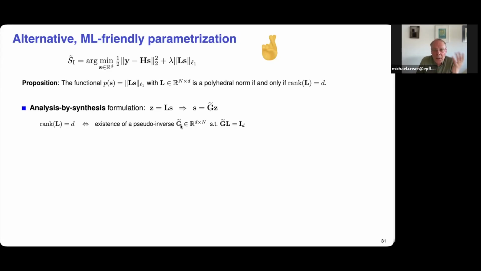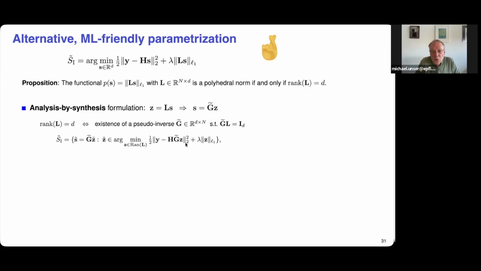And then you can find a dictionary G tilde such that this holds. So we essentially have a way to invert the regularization, but we're in a much higher dimension. Okay, so then we can rewrite the problem like that.